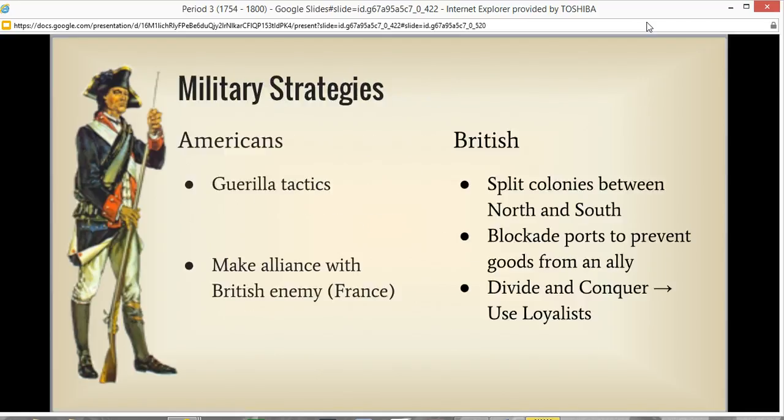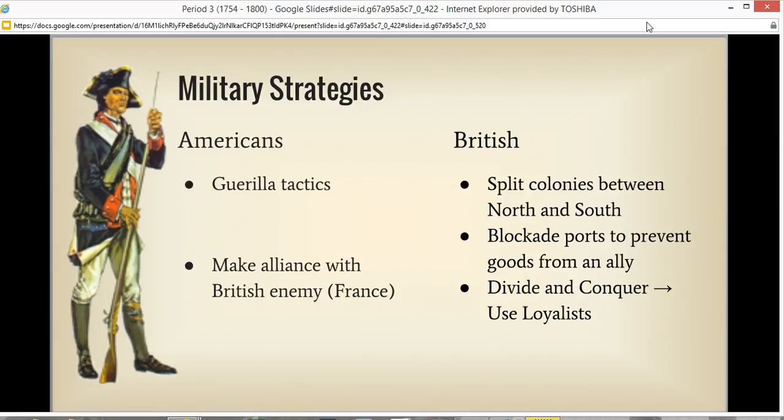Military strategies between the Americans and the British are going to be very different. The American side, like I said before, they're using a lot of guerrilla tactics, jumping out of bushes, very kind of unorthodox war. We consider it kind of Indian style warfare. And Americans are also going to attempt to make an alliance with the British enemy.